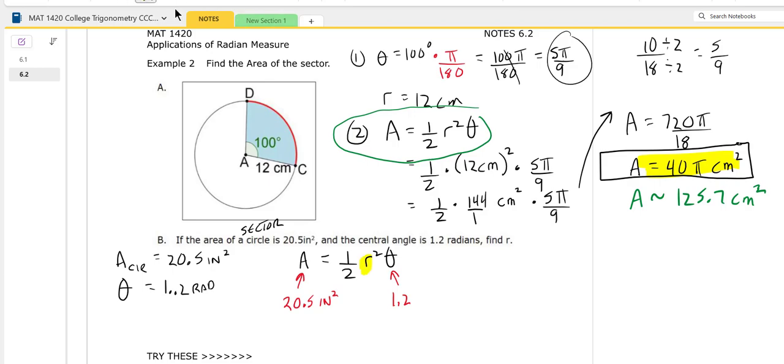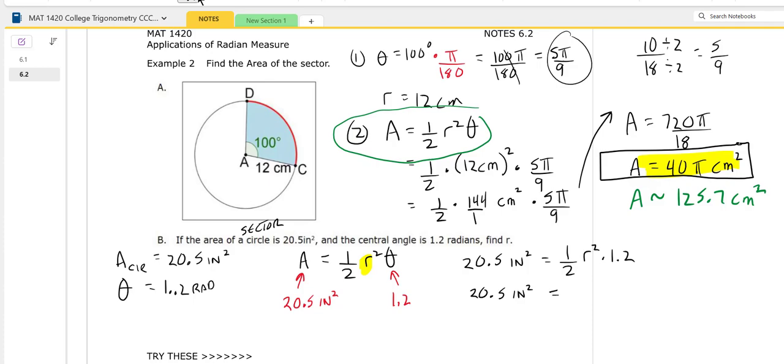Then we can solve this equation for r. And I'm going to leave the unit in here to show you how this works. So I'll have the equation 20.5 square inches is equal to 1/2 times r squared times 1.2. All right, and then I'm going to work this out like this. There's more than one way you can do this.